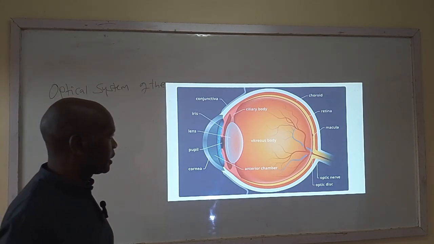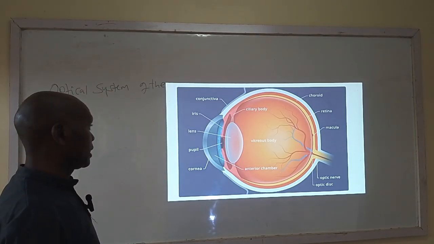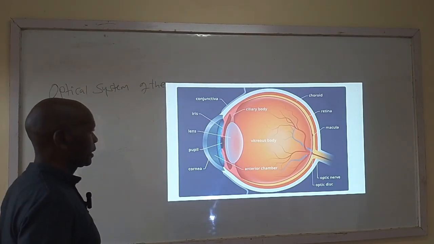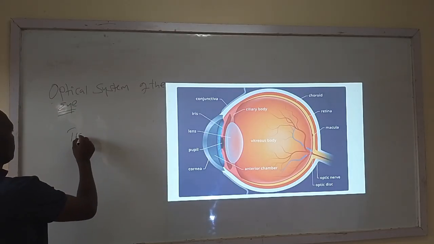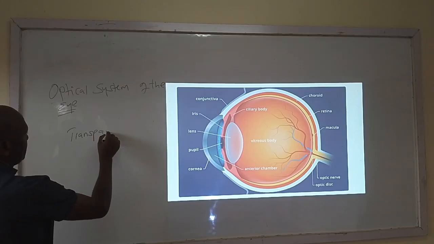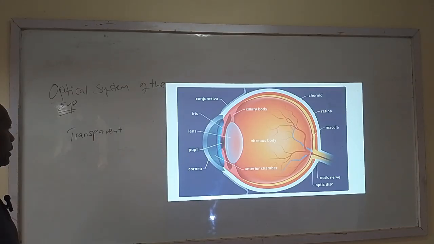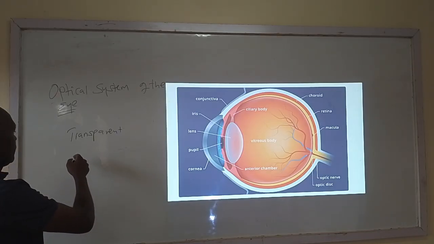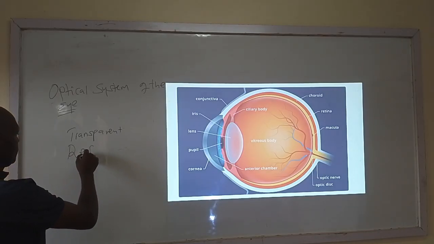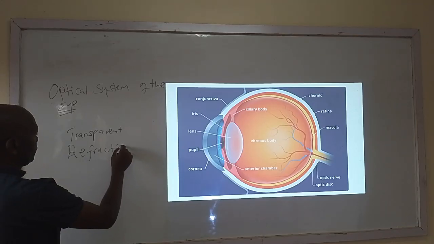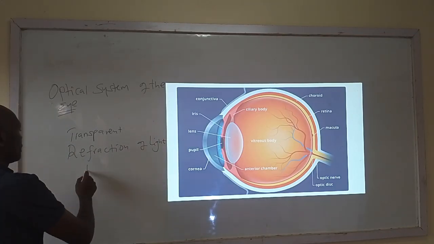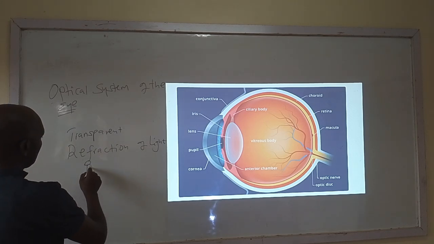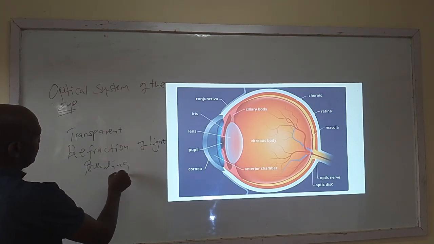And what is the optical system of the eye? It's just a set of ocular structures which are transparent, and also structures that play a role when it comes to refraction of light. Refraction of light is just bending of light.